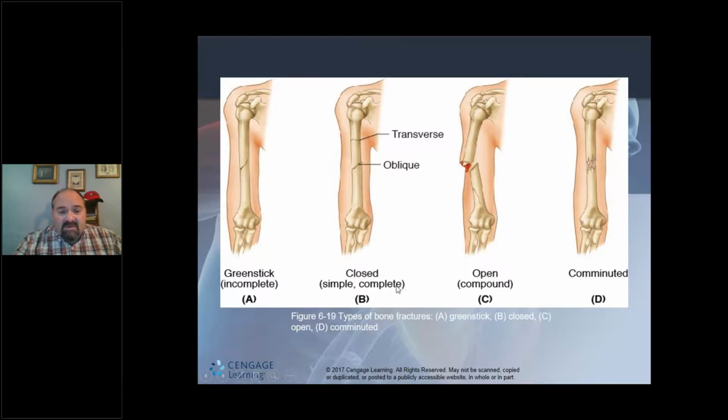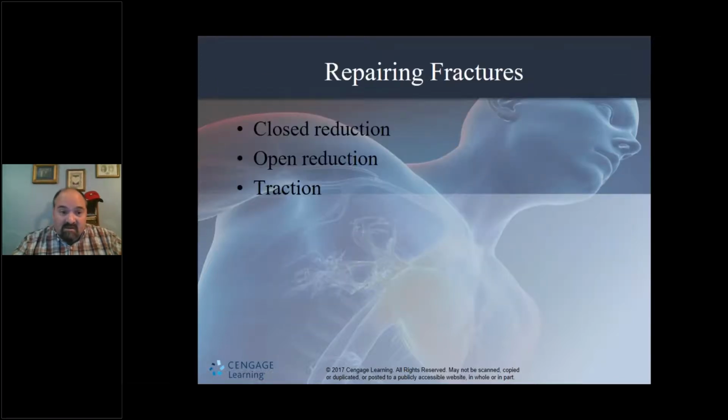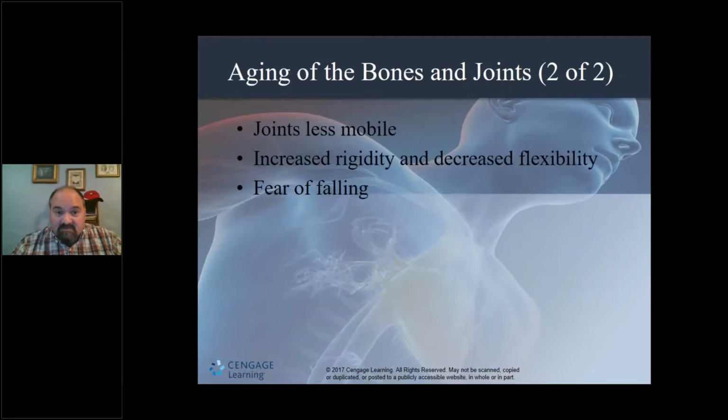Like I said, incomplete and complete, you should know. Here we see multiple pieces of bone in the comminuted fracture. How about the compression fracture? Think of the vertebra. The vertebral body gets compressed, and that's also quite a nasty type of fracture that we see quite a bit in practice.